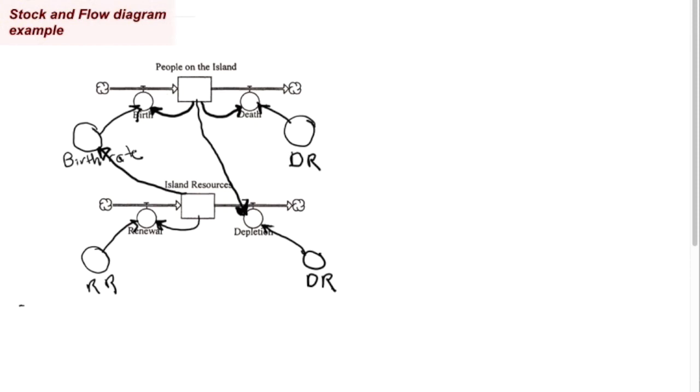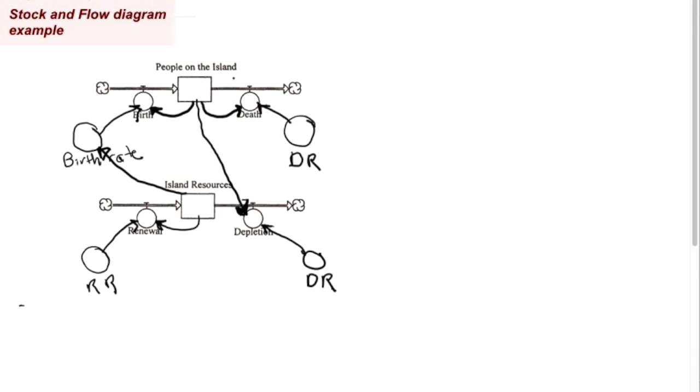But it can also be a limitation, where a depletion of the island resources may affect the birth rate because an increase of diseases or malnutrition, etc., of the population will decrease the birth rate.